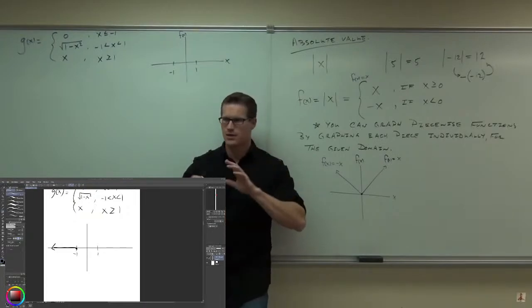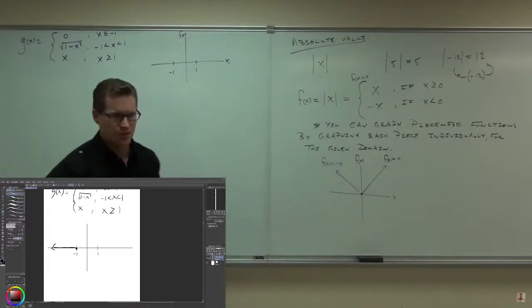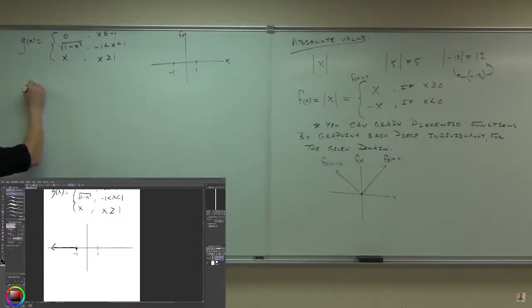Listen, if the whole grouping of this kind of confuses you, just write them out for me. Say that you have y equals 0 for a certain bit. Say you have y equals the square root of 1 minus x squared for a certain bit. Say you have y equals x for a certain bit. It's the same thing.